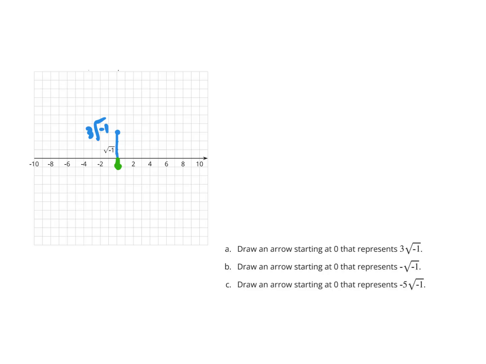And then draw an arrow that represents -5 square root of -1. So we would have to come down to 1, 2, 3, 4, 5, and come down here. And this is -5 root -1. And this one is -1 root -1.